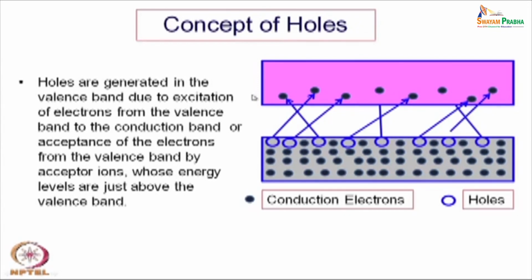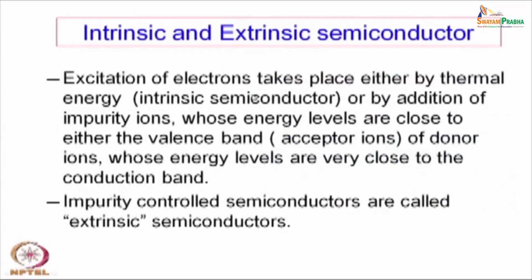If there is no impurity atom present, the material is very pure, and whatever charge carrier creation there is, is all by thermal excitation. The same number of electrons and the same number of holes will be created in the process, and then it is called an intrinsic semiconductor.